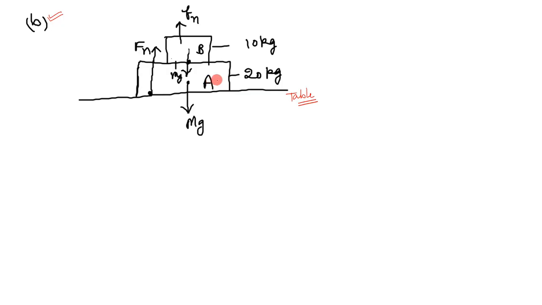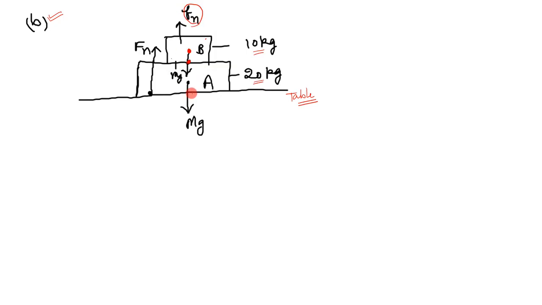Block A of mass 20 kg is on the table and block B of mass 10 kg is on block A. The weight of block B will act vertically downward through its center of mass, and the normal force exerted on block B by the lower block is written by the symbol small fn.